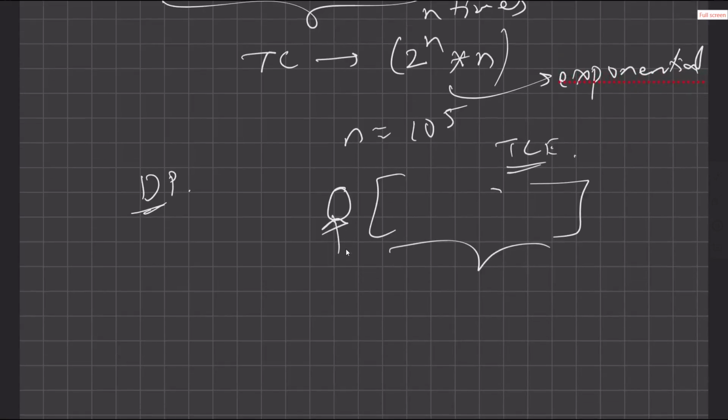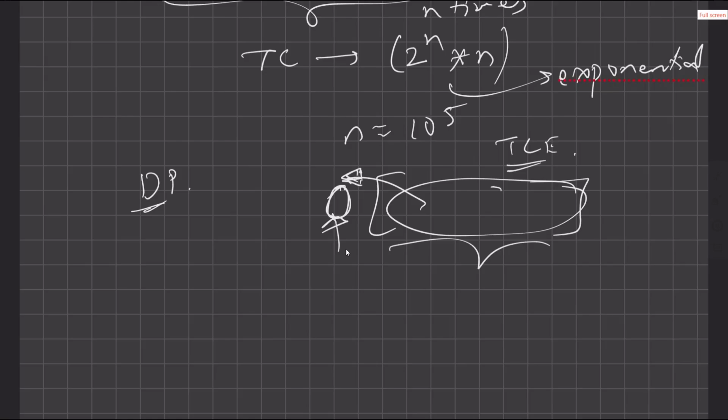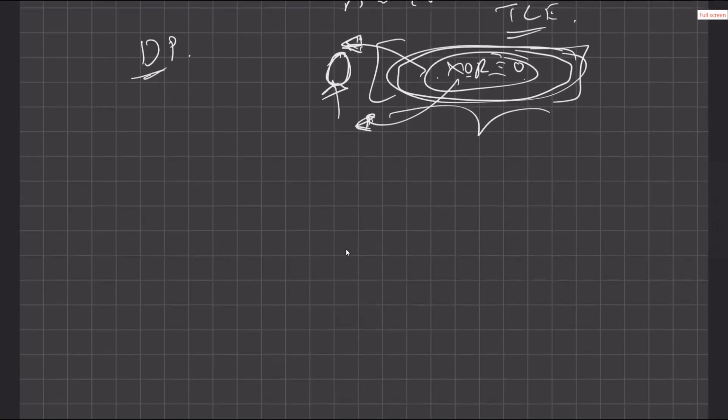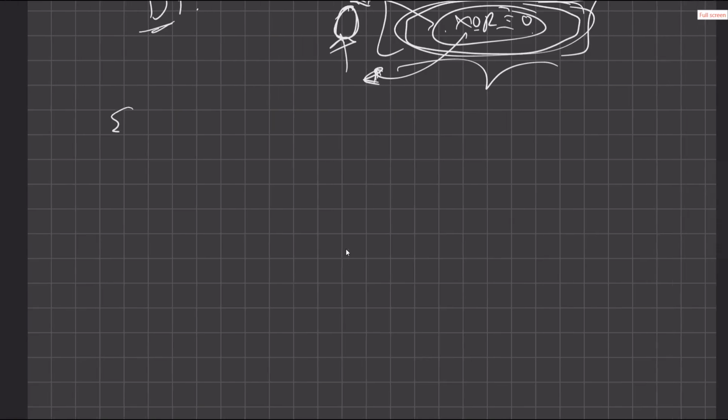So DP will solve for this, and based on this result you try to compute the solution. But there could be a possibility that in whatever chosen elements we have, their XOR operation is 0 right now, but that solution you will not be choosing at this position, because here it is 0, but here we can make sure it is non-zero. So DP is also not a valid one.